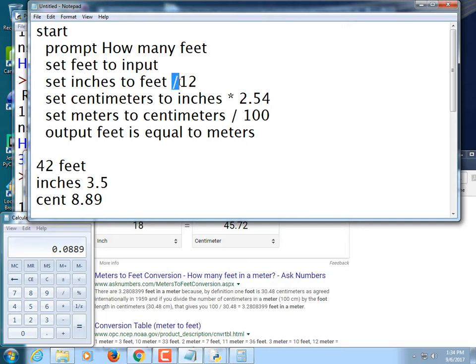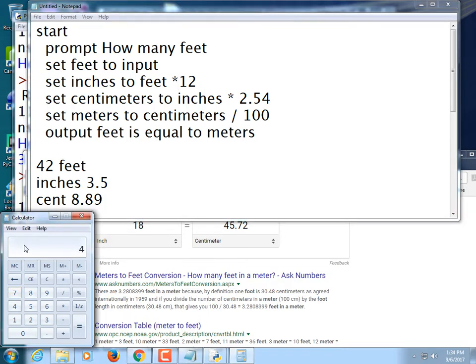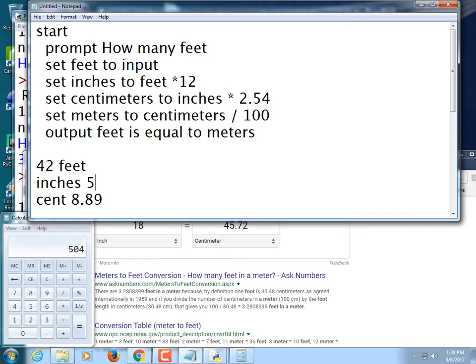Boy, I'm so glad we're testing this thing. So that's why we do this. Okay, so 42 feet times 12, 504. That's looking better. I was wondering, 3.5, like, what are we doing? See, we're testing this thing. Because the problem is you guys would have written this and turned it in, and I'd be like, that's not right.